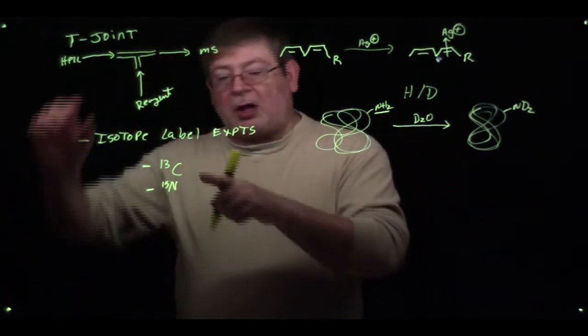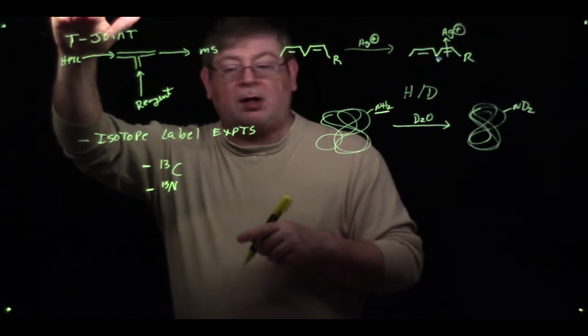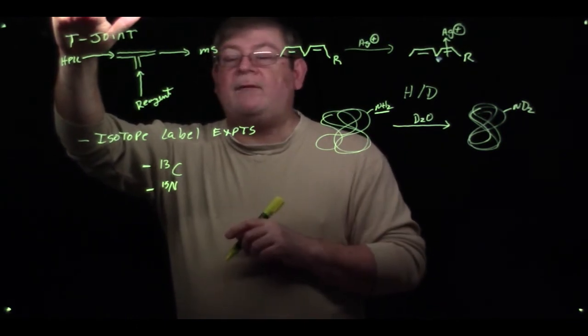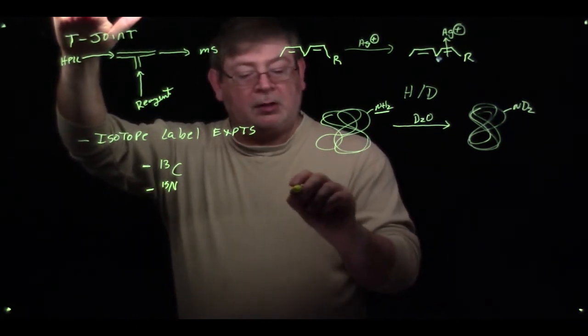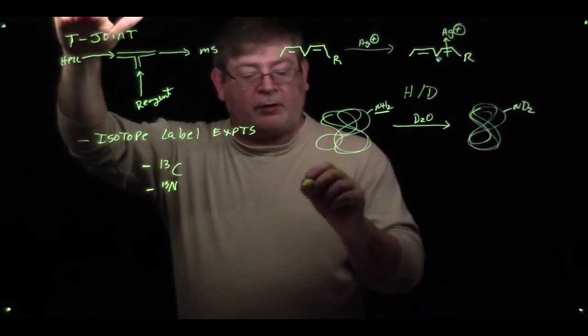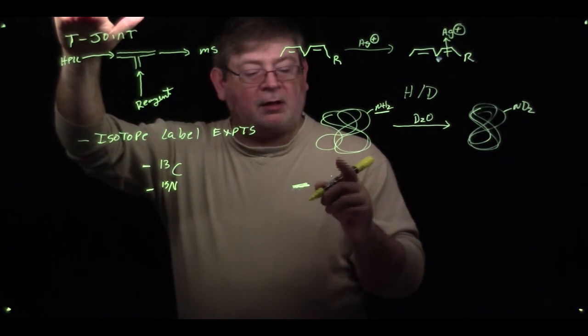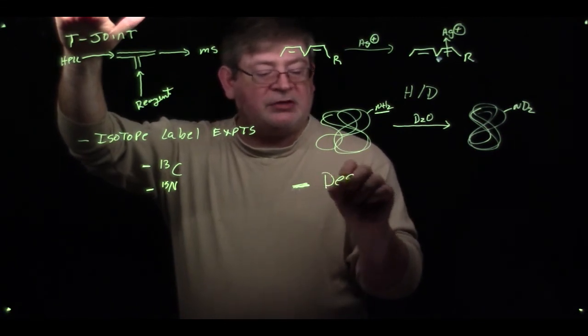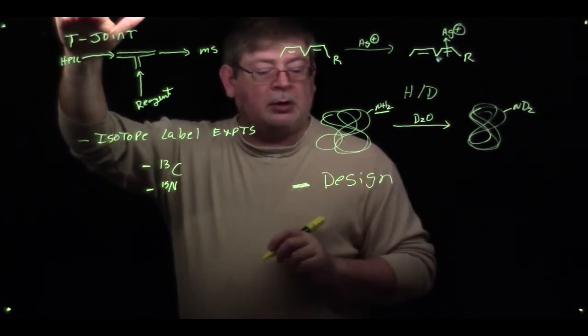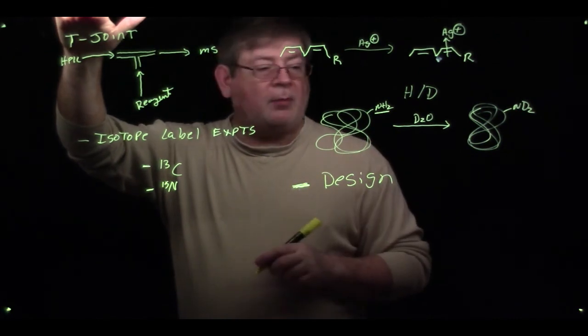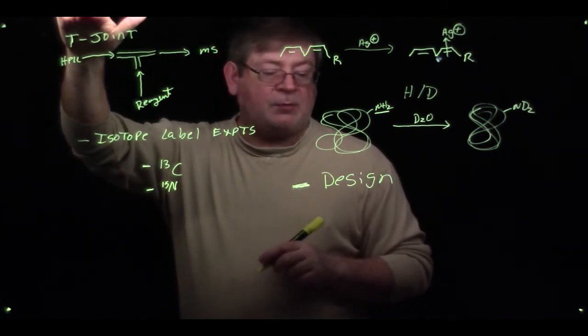Okay, so there are a lot of pros and cons to this type of work. What I really want you to take away from this is that if you have a clever experimental design, you can determine a lot of things from mass spec.